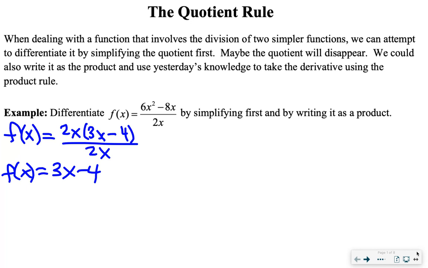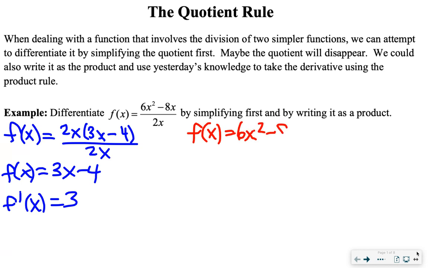Right, and now I can take the derivative of that, which would just be using our power rule of 3. Or I can write it as a product, right, which would be 6x squared minus 8x times 2x to the negative 1.